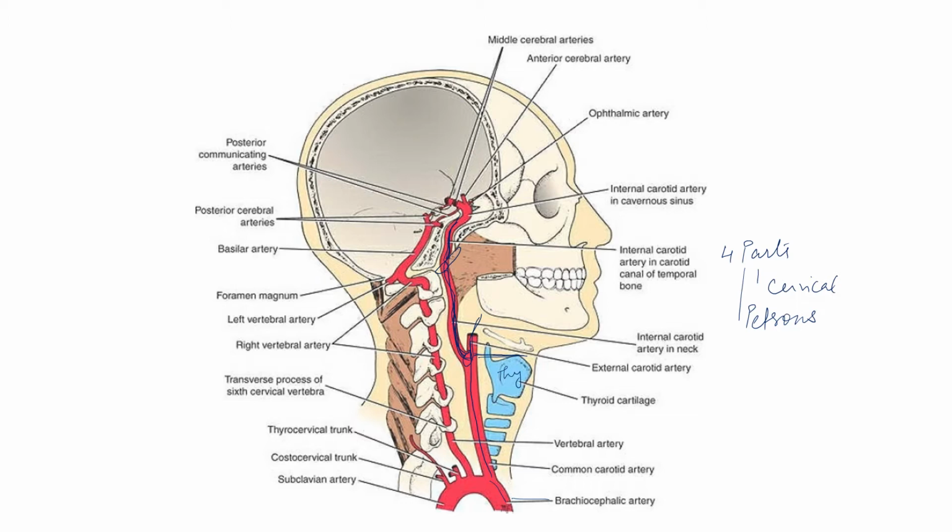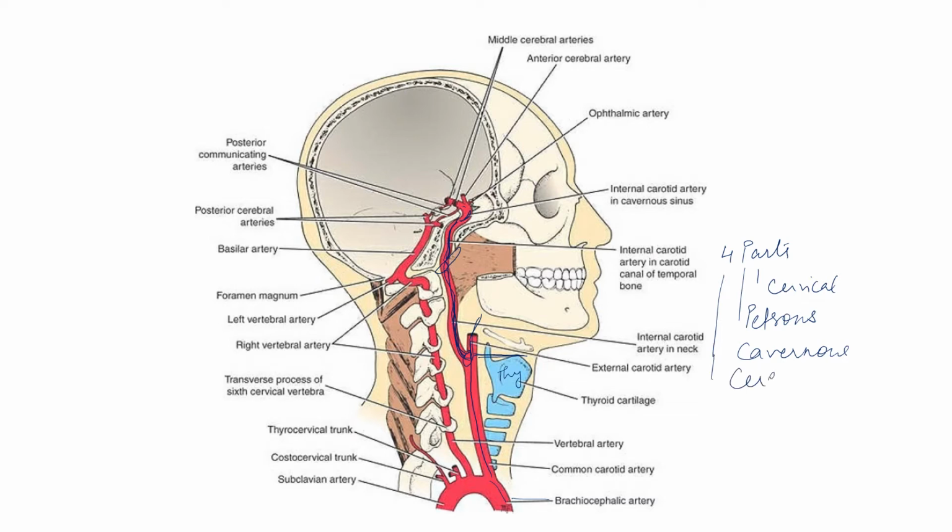Next we have the cavernous part, and after traversing the carotid canal, it enters the cavernous sinus that is lying on the lateral side of the body of the sphenoid, the sella turcica. Then at the level of the anterior clinoid process, it pierces the dura mater, and it becomes the fourth part, and that is your cerebral part.